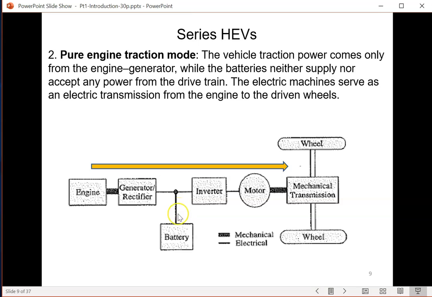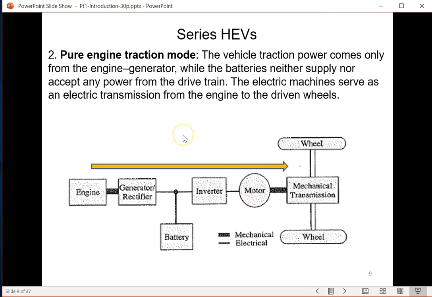It's not outputting energy either. So the engine drives the generator. The generator produces a voltage that drives the inverter. The inverter converts that voltage into the form that the electric motor needs, and that drives the mechanical transmission.